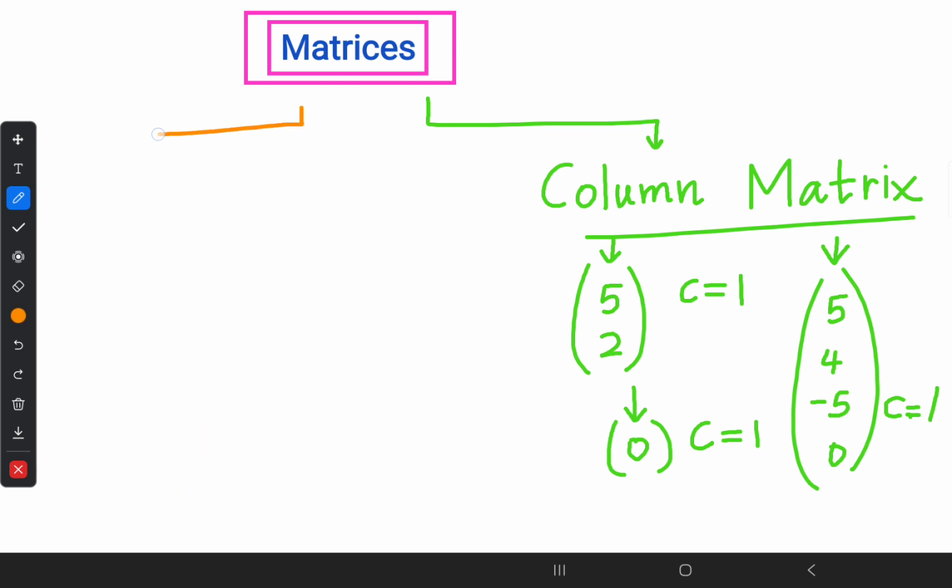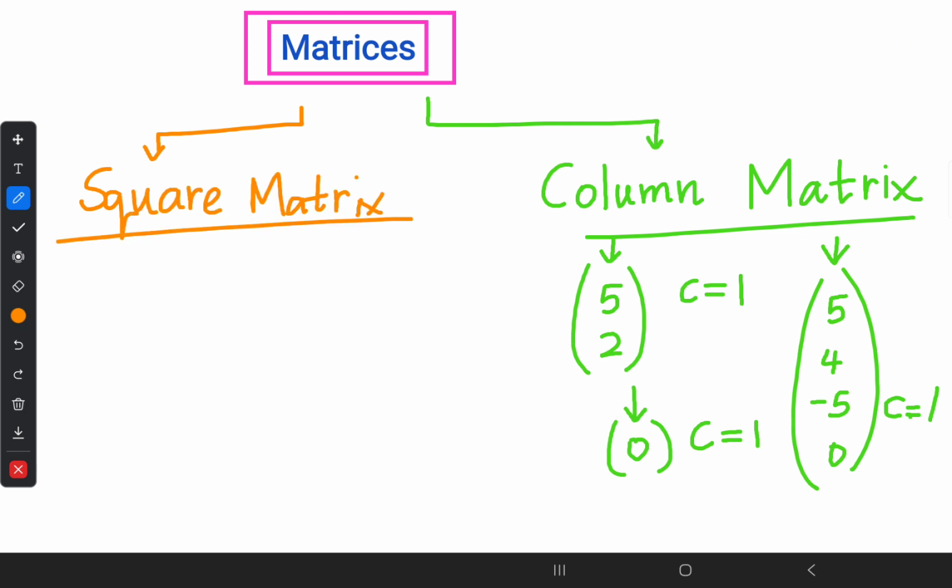Next type is the square matrix. Square matrix means if the number of columns and number of rows are both equal, that is called a square matrix. We are not writing any notes; by looking at the example even you could understand.